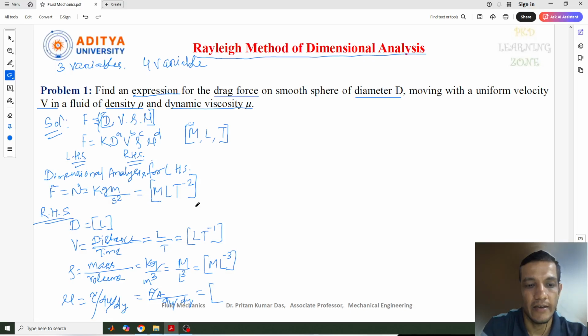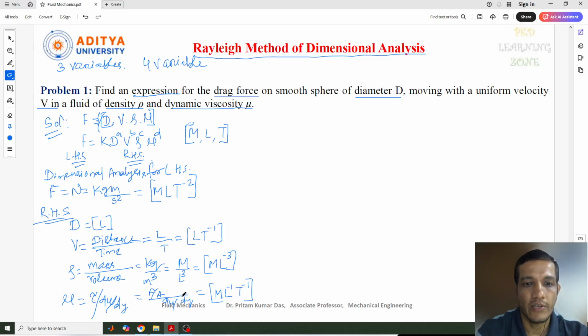Area is a square, that means L square, length into length. Similarly for velocity and distance. So finally the expression for viscosity is M L to the power minus 1 T to the power minus 1, after solving all this numerator and denominator part.